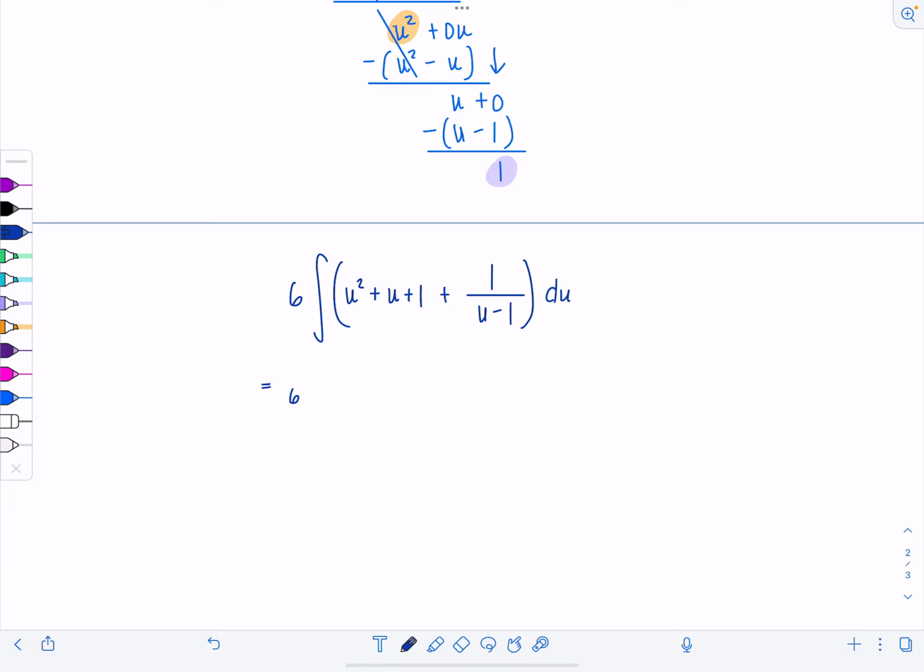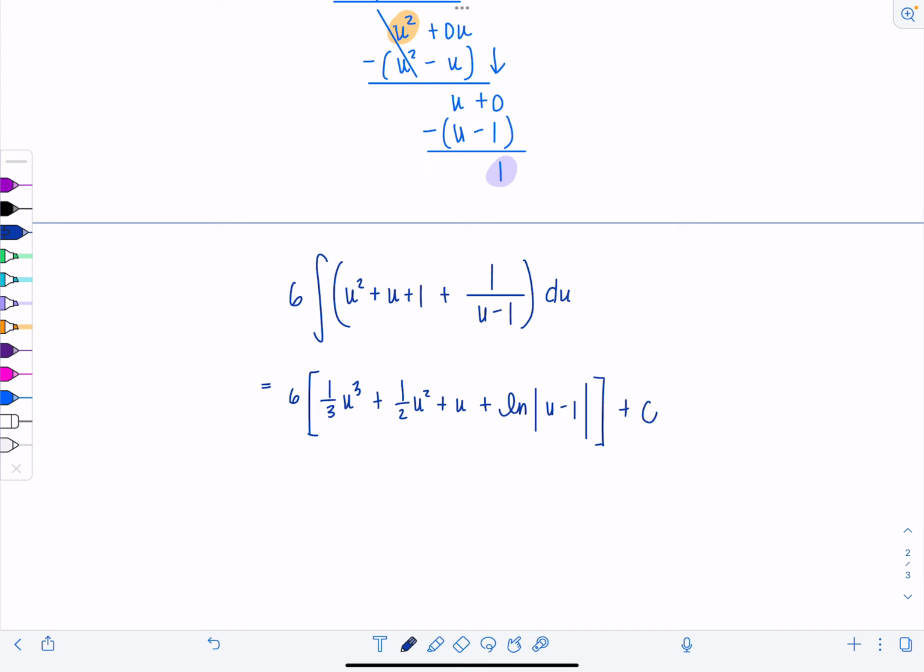So we've got 6. Antiderivative of u squared is 1/3 u cubed. Keep it going. 1/2 u squared plus u plus, be careful, ln, absolute value, u minus 1. Close the brackets because the 6 is going to distribute in a moment, plus c.